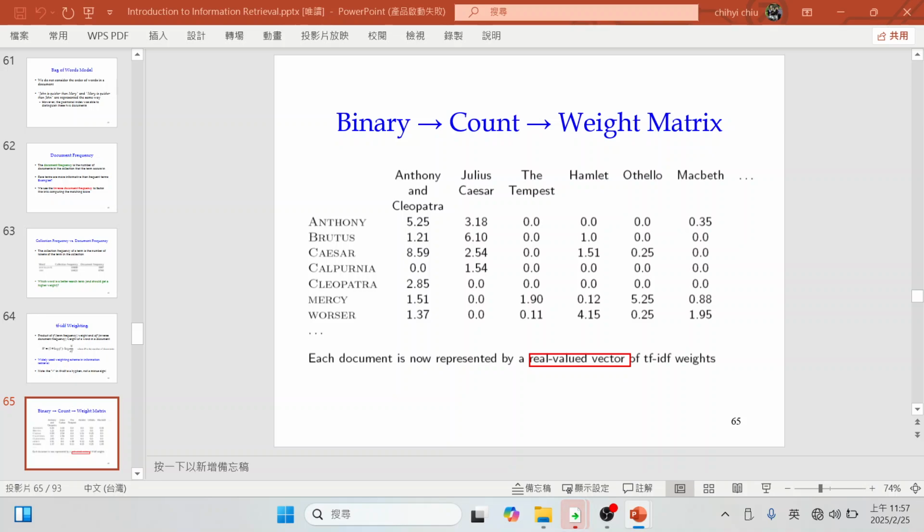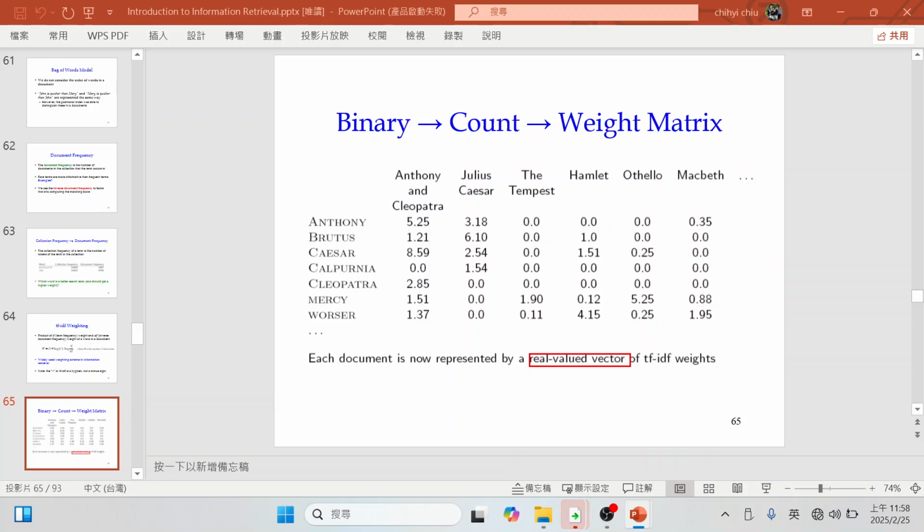For this term, the importance in this document is 5.25. For each document, you can see the first column represents a document vector. So each document can be represented as a vector like this.